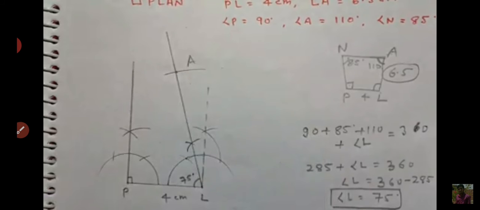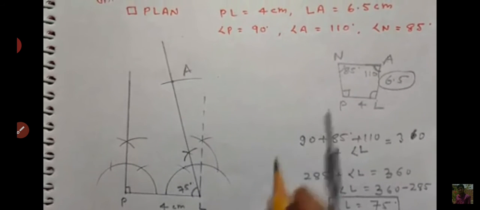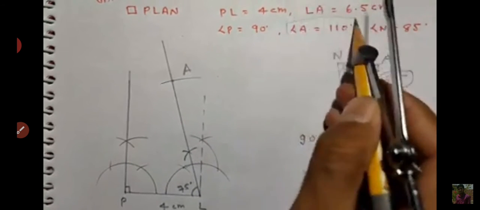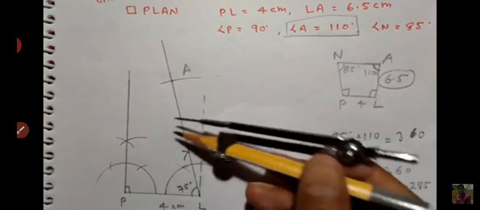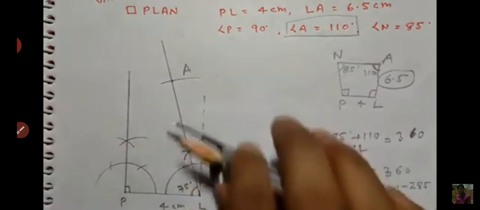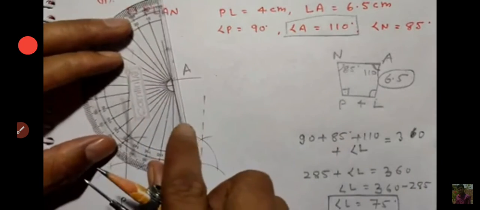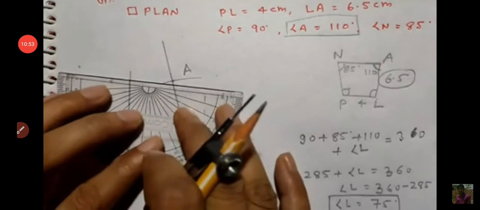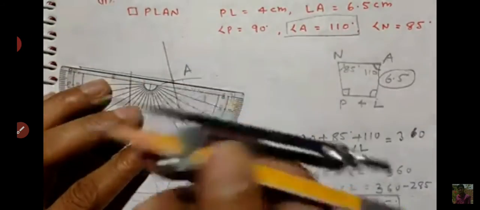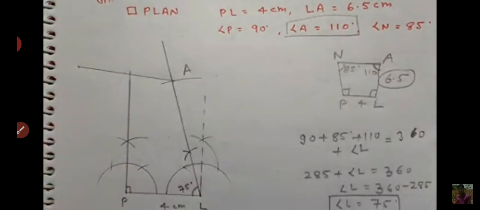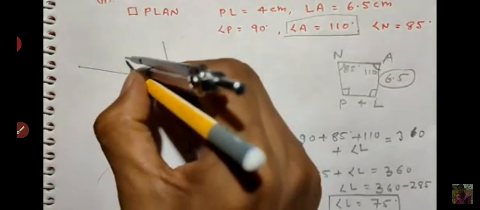Okay. Now at this point we have to make 110 degree. So turn the page. Now we have taken 110 degree with the help of a protractor, and it's our 110 degree angle. Understand?